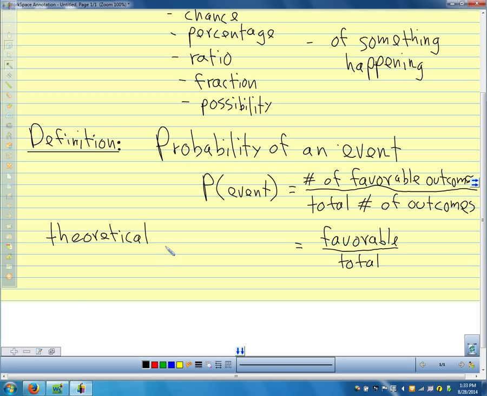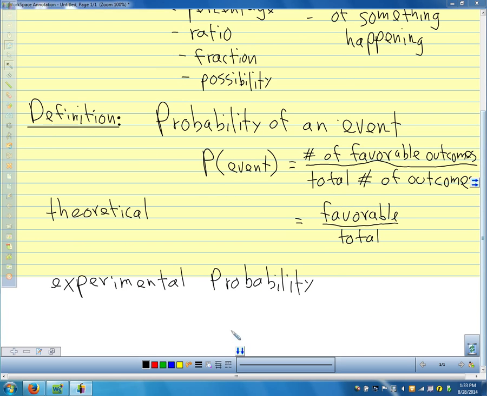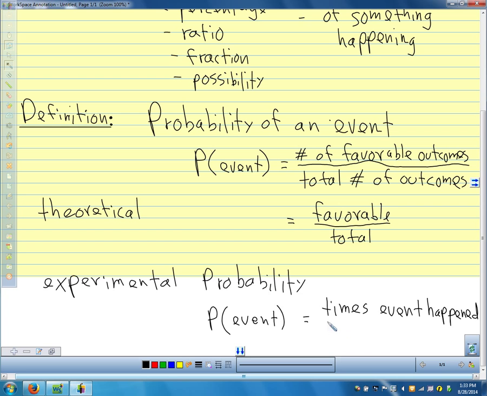The experimental probability: same thing, except we say the probability of our event is the number of favorable, or the number of times our event occurred or happened, divided by the number of experiments.